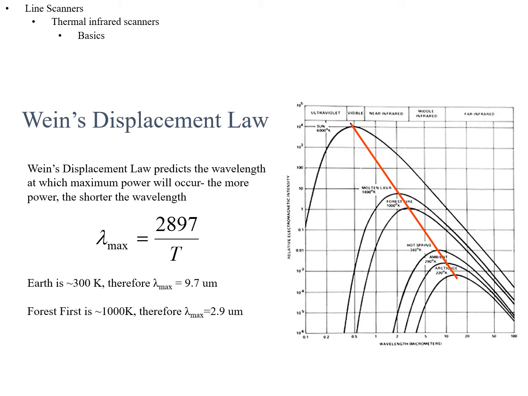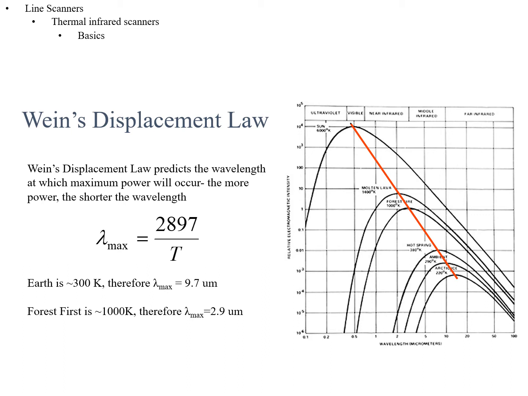So Wien's displacement law allows us to relate the peak wavelength of maximum power that you could observe using remote sensing to the temperature. And that's just that the wavelength of maximum emission is going to be 2897 over temperature. So Earth is 300 degrees Kelvin.